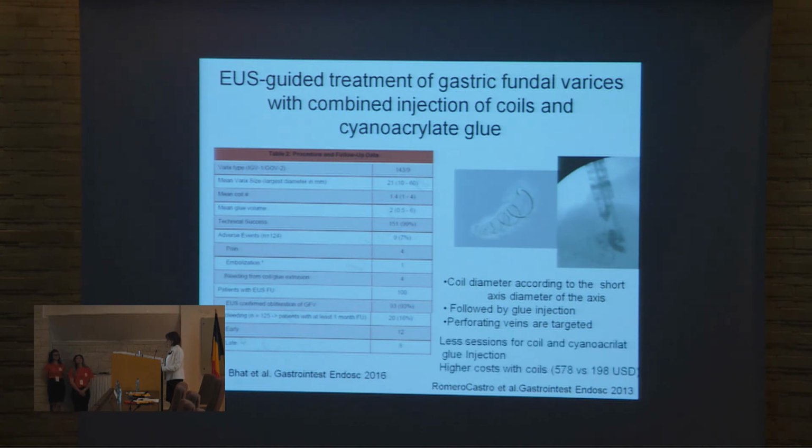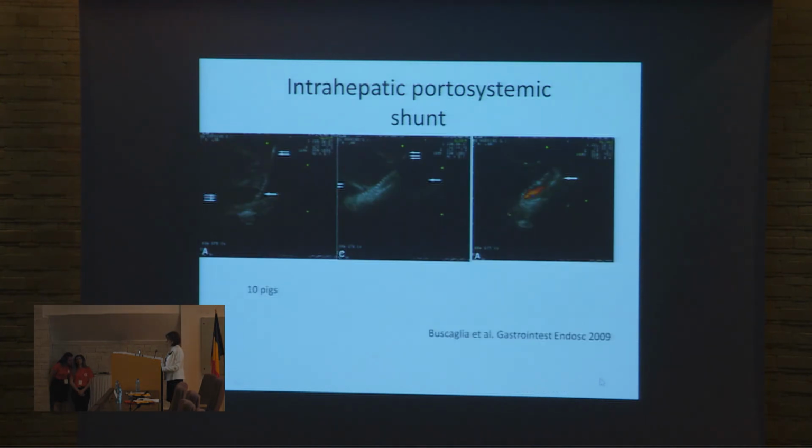And of course, we have to take costs into consideration, because as you can see, although the number of sessions decreases when we use coils, the costs are higher compared to the use of cyanoacrylate alone. And of course, this is still experimental in pigs.